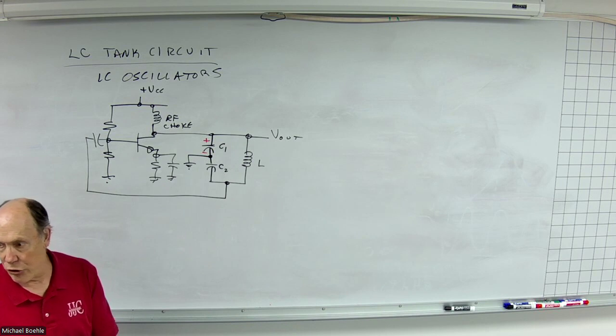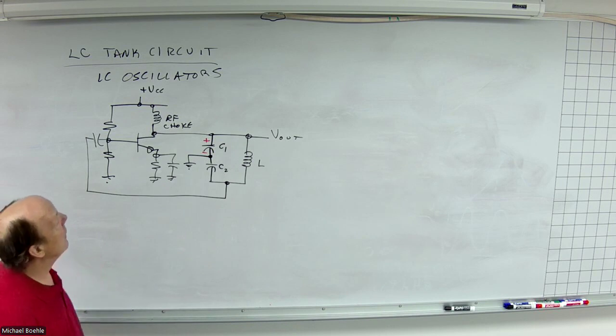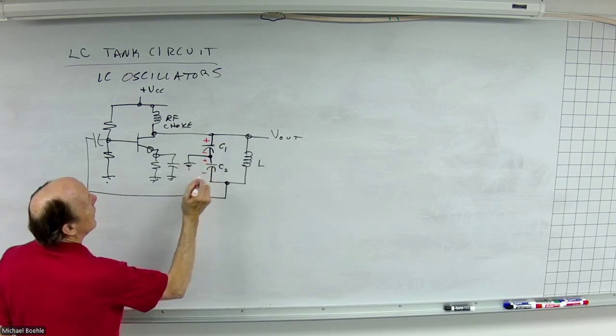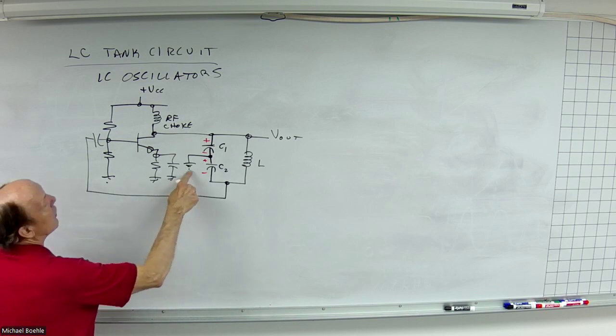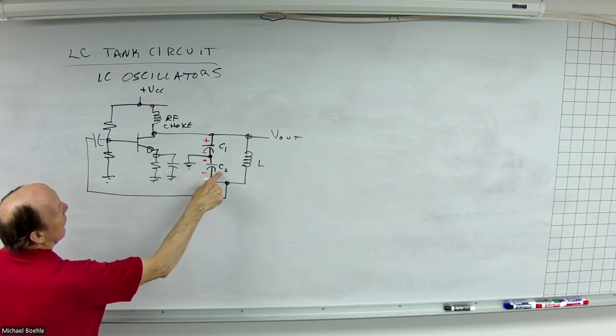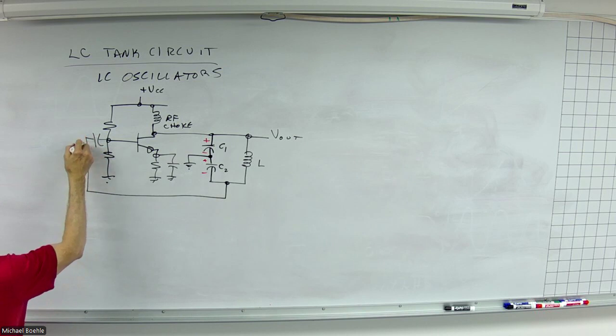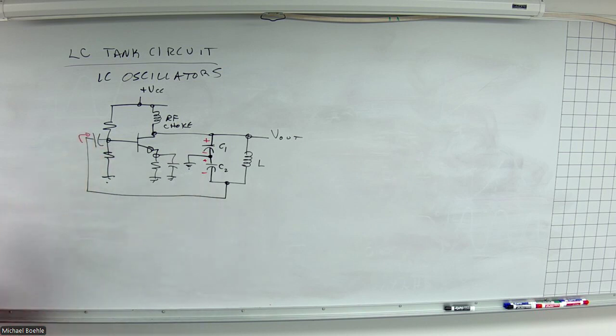Any current going in, charging that up and down, is going to create the same polarity across the lower capacitor. So you'll notice that with respect to ground, the feedback across C2 that comes back to the input is inverted with respect to the output.